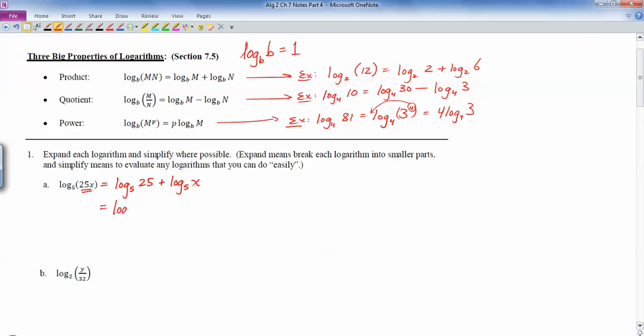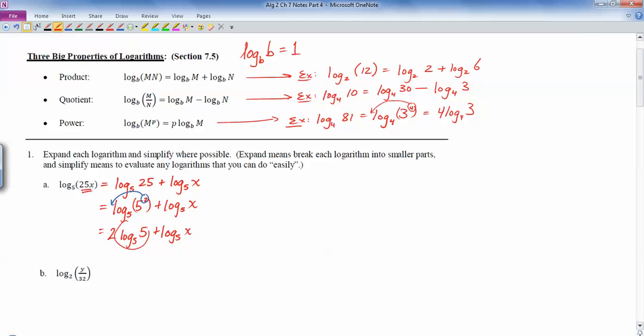I could write that as log base 5 of 5 squared plus log base 5 of x. Well, I know that when I've got 5 squared, that power can come down in front. And so then this is going to turn into 2 log base 5 of 5 plus log base 5 of x.